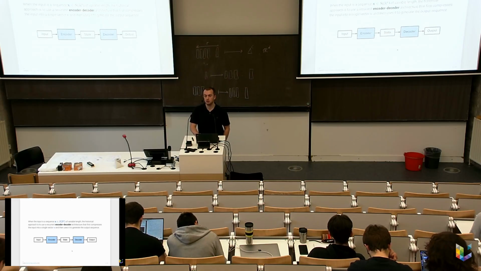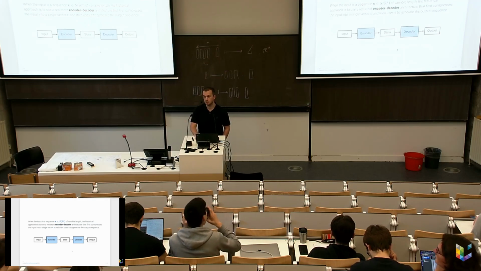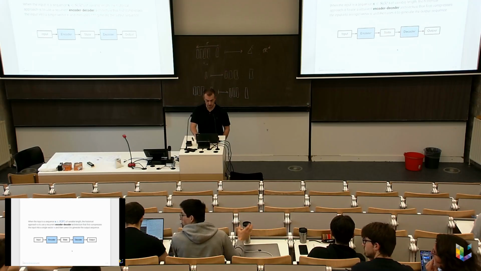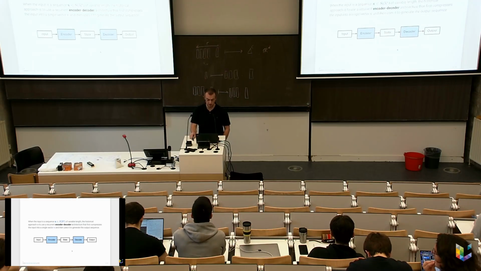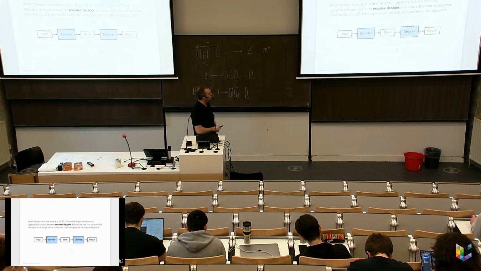Okay, so let's say we want to solve one of these problems. The big problem with sequence-to-sequence problems, or every time you have to deal with a sequence, is that you don't know in advance what will be the length of the input sequence, or even the length of the output sequence. So how do you deal with that? Generally speaking, the historical approach to the sequence-to-sequence problem has been very simple. You divide the problem in two parts. You have some input sequence on the left.